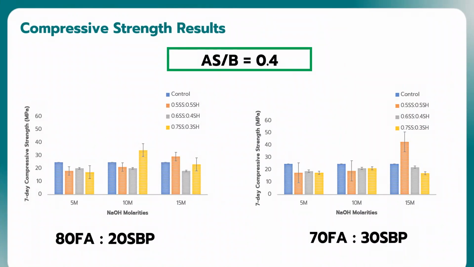With bagasse powder addition, the 70% fly ash and 30% SCBP mixture reaches up to 43 megapascal with 15 molarity sodium hydroxide. Increasing sodium hydroxide molarity consistently improves the compressive strength. The 70% sodium silicate and 30% sodium hydroxide ratio consistently performs best across all mixtures.